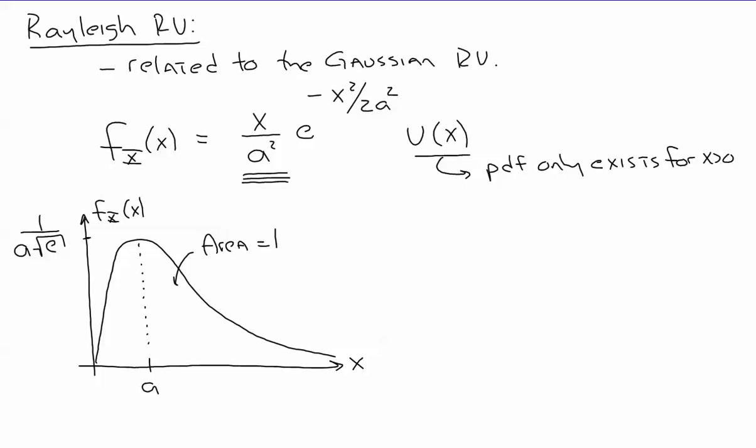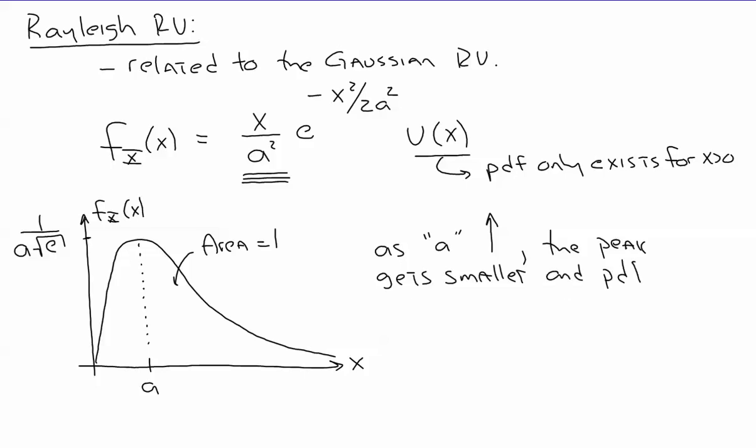Okay, and you'll notice, just coincidentally by observation here, as that a parameter in my PDF gets bigger, the peak gets smaller, but the curve itself gets wider, but the area remains unity.